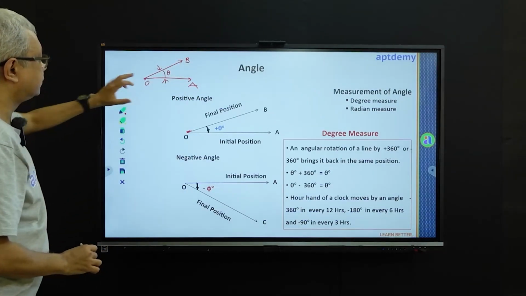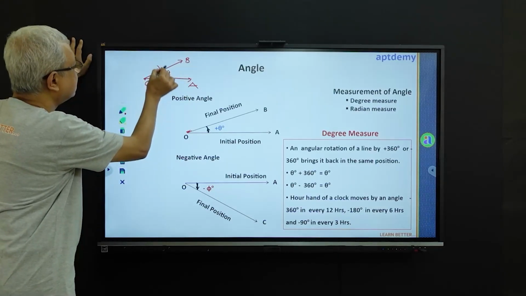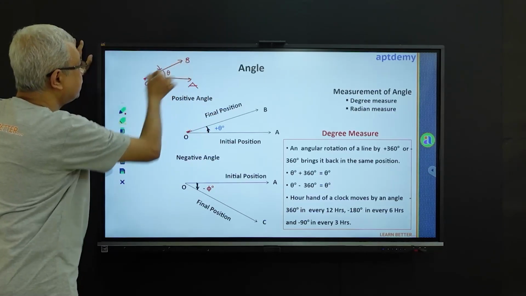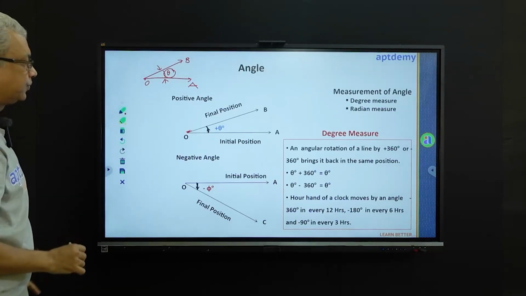So the line OA has traced an angle theta and it has reached the final position OB. This is called an angle.